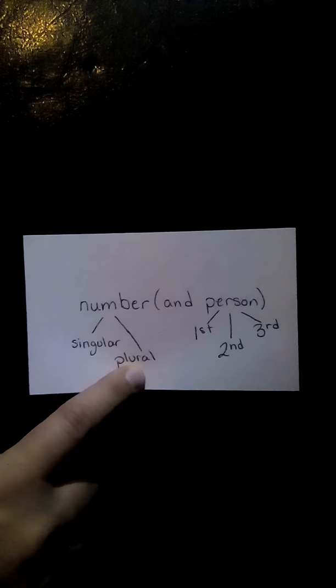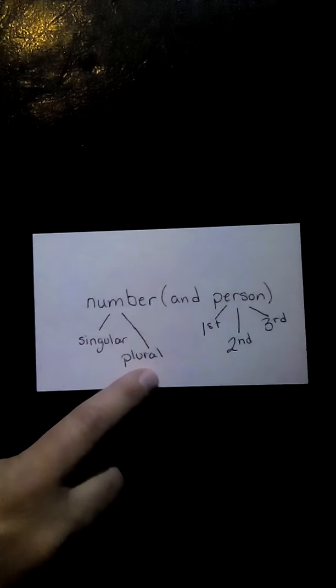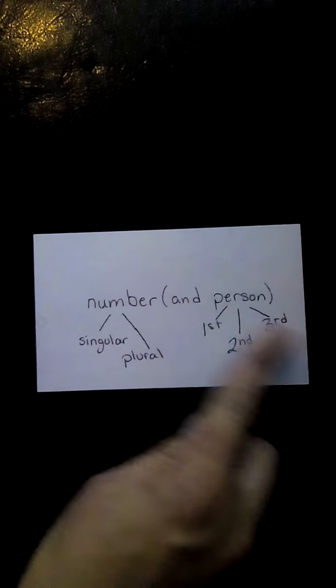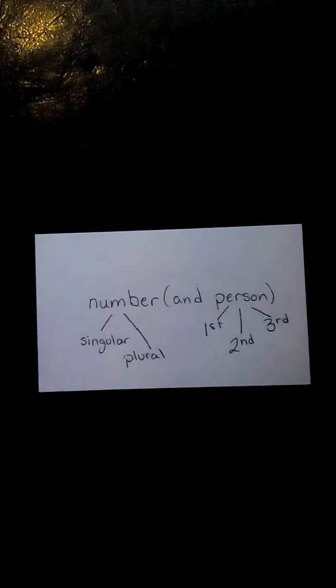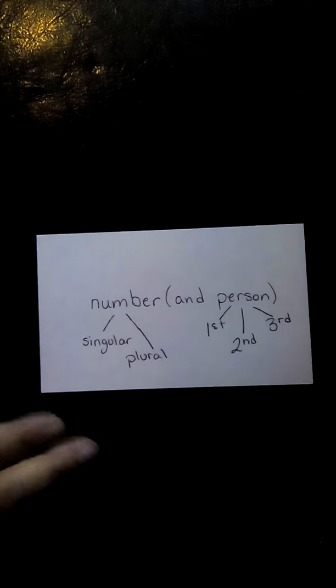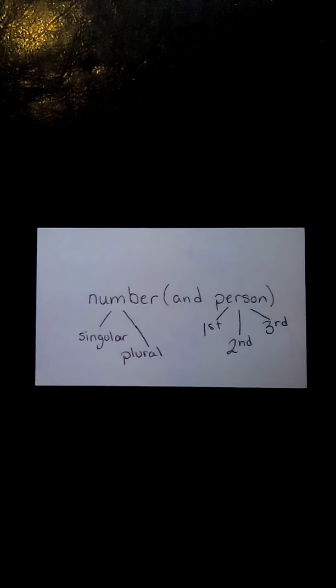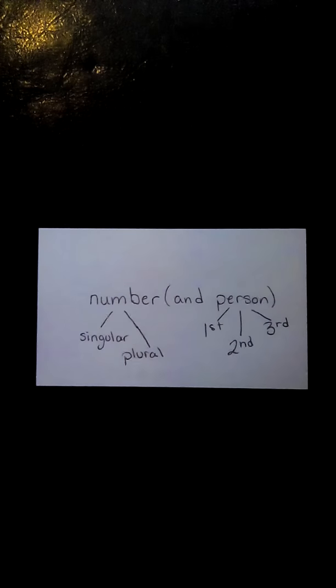And if the subject is plural, so is the verb. It goes vice versa either way. They either both need to be singular or both plural. It also agrees in person. We have first, second, and third person. So far with the verbs they've given us, we've only worked in the third person, the he, she, it, and the they, but soon you'll be introduced to the first and the second as well.